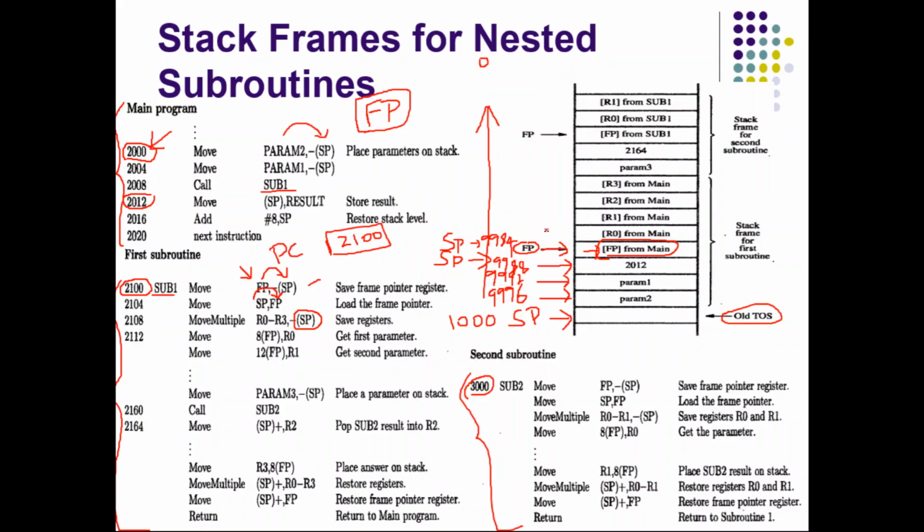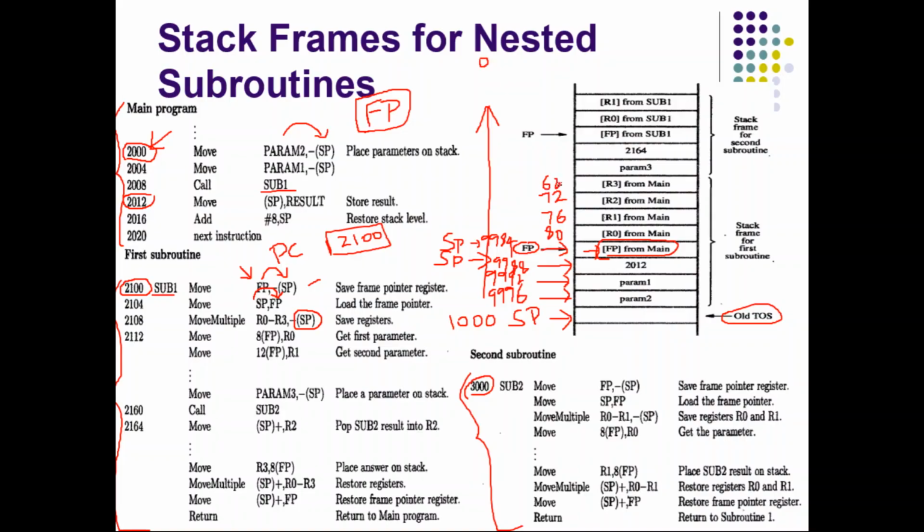I am not writing 99, it will point to 80. After pushing R1, it will point to 76. After pushing R2, it will point to 72. And then after pushing R3, it will point to 68.